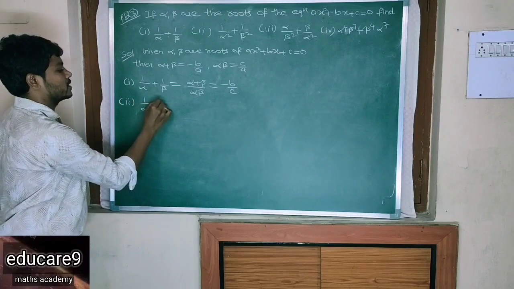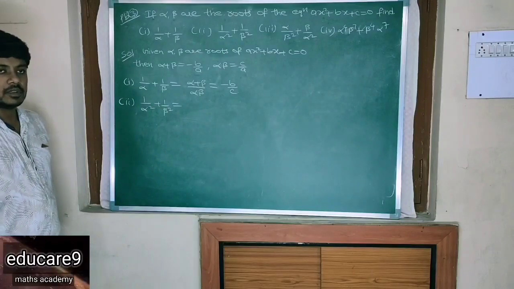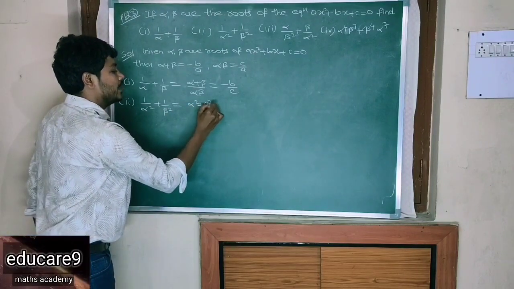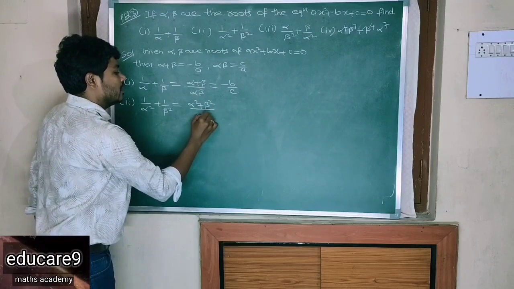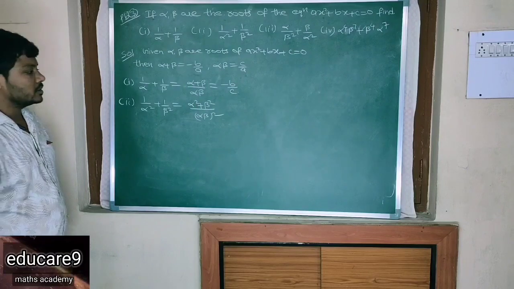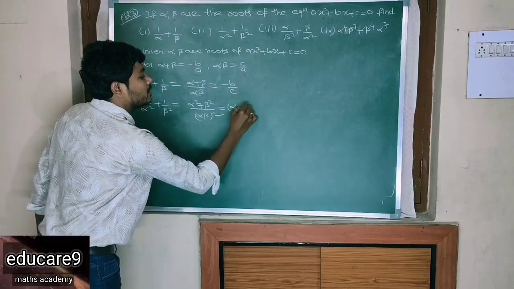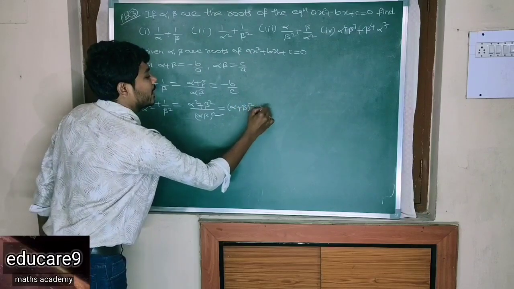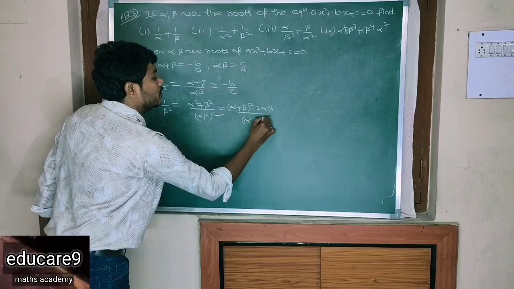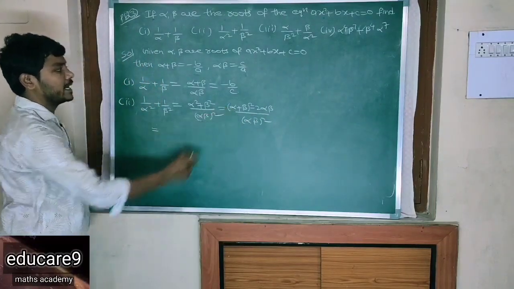1 by alpha square plus 1 by beta square. Simplify this. You get (alpha square plus beta square) by (alpha beta) whole square. Now this can be written as ((alpha plus beta) whole square minus 2 alpha beta) by (alpha beta) whole square. So alpha plus beta is what?